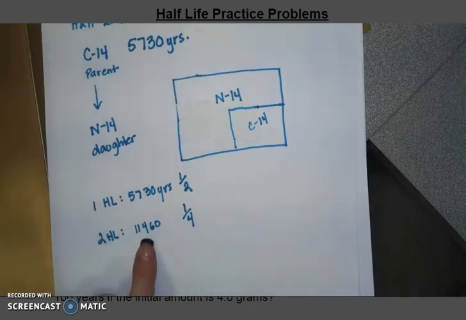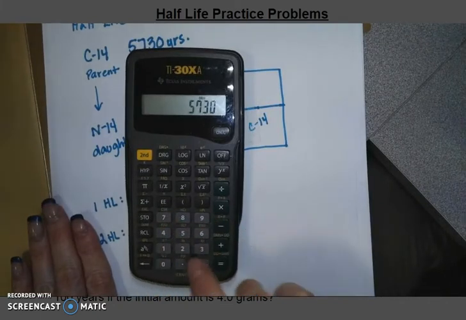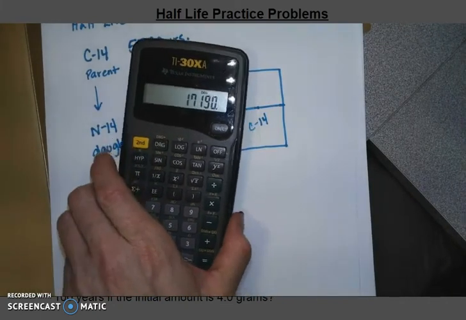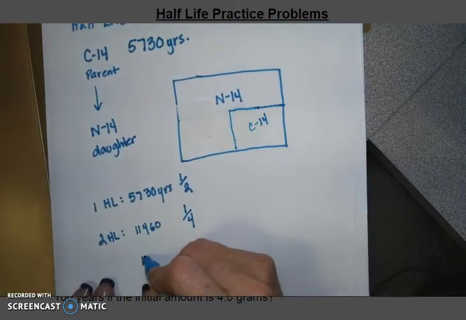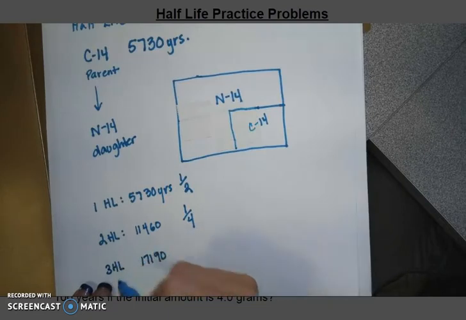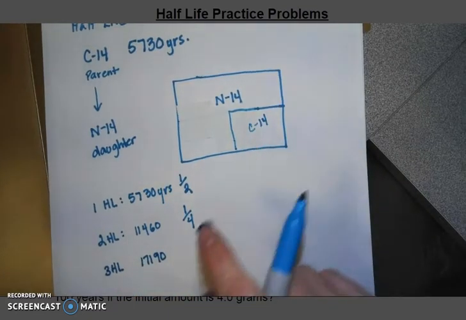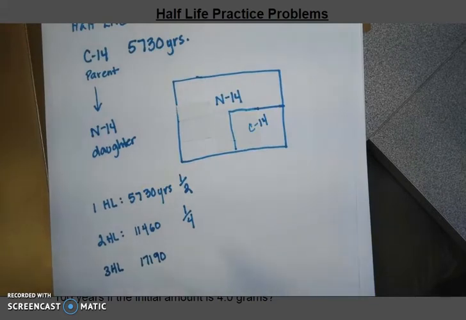Now we can say, well, let's go on another 5,730 years. Total of 17,190 years. That's 3 half-lives. We have to now cut this piece in half. So let's do that.